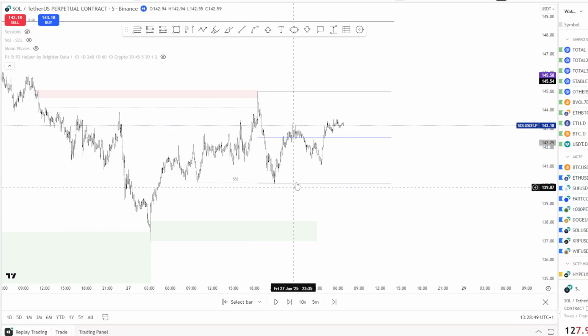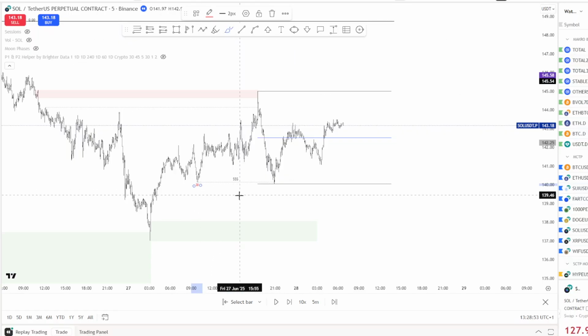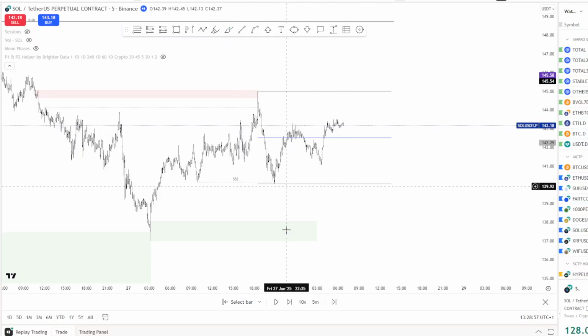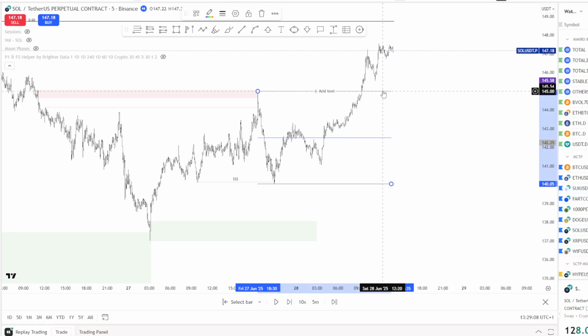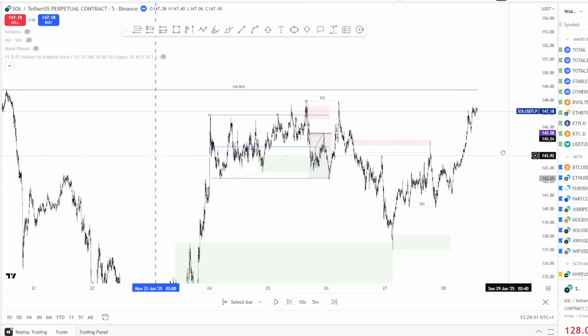But it's lesser probability because we took out this low. Would be better if we front ran it and went up then, but we can still look at this range. Maybe we get something, but it does not seem that we will get anything. So we can delete it.